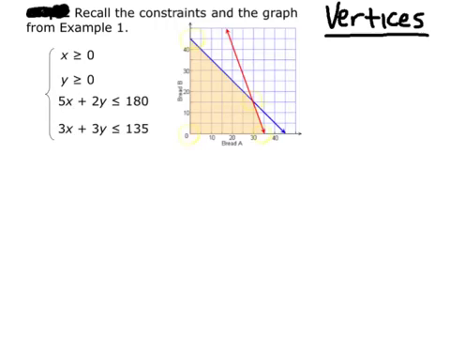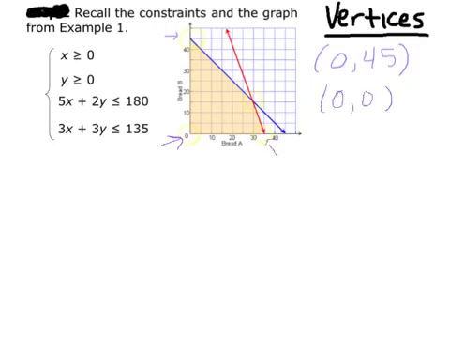Recall the constraints in the graph from example 1. This is what we graphed, and I've highlighted the vertices. Now we need to come up with the ordered pair for each vertex. This first one, it looks like it is x is 0, y is 45. This next one, 0, 0.